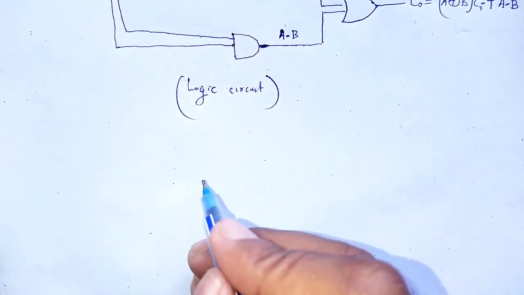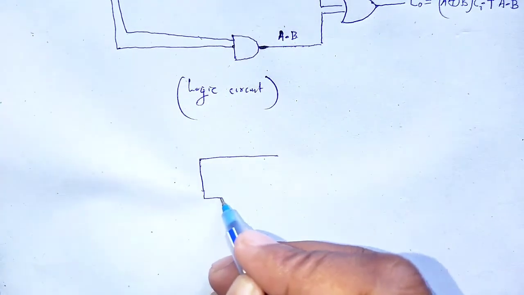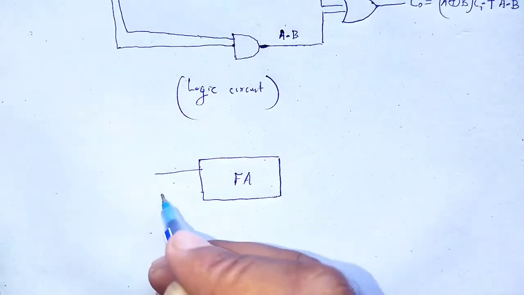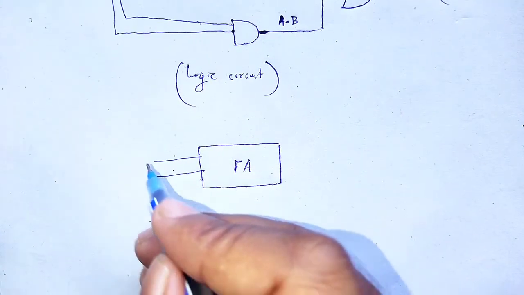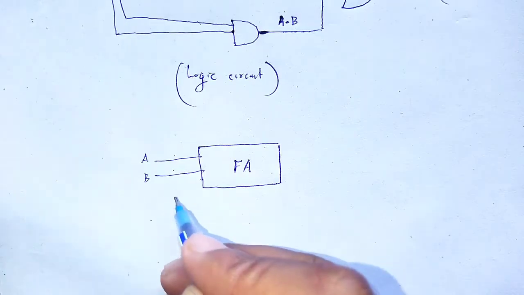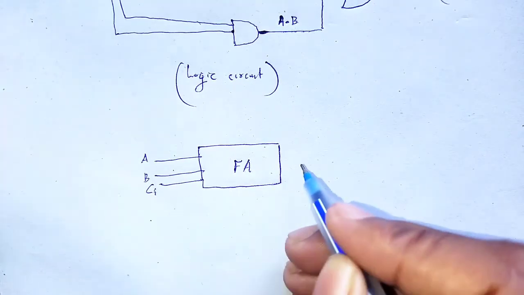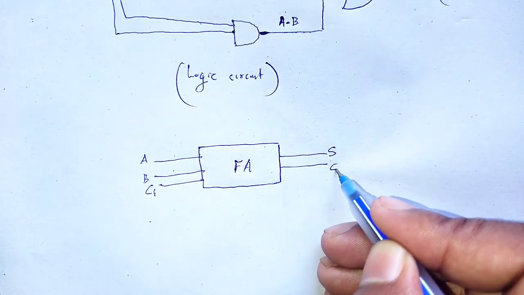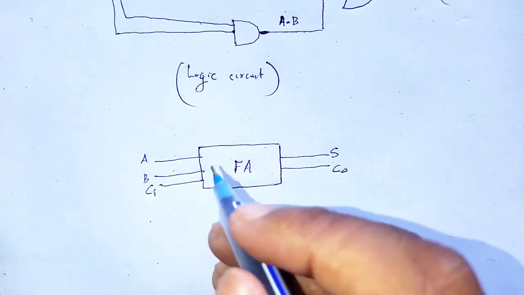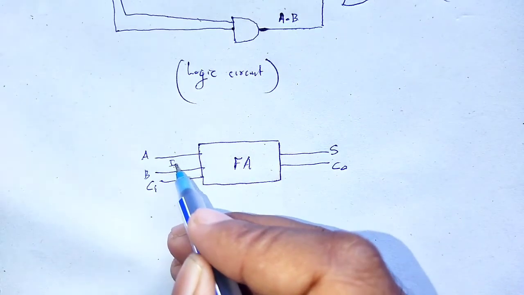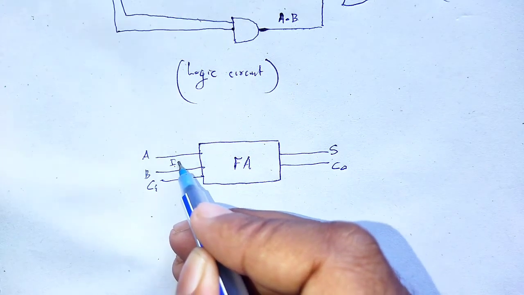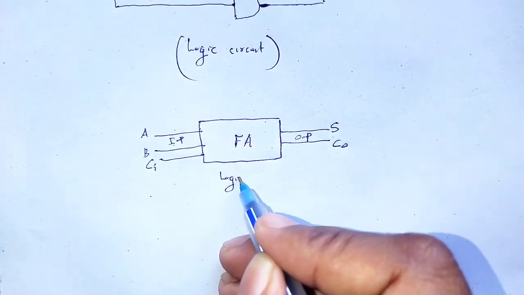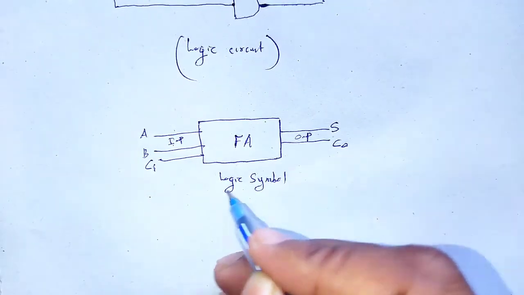So in logic symbol, a full adder has three inputs A, B and carry input, and two outputs, sum and carry output. This is the logic symbol of a full adder.